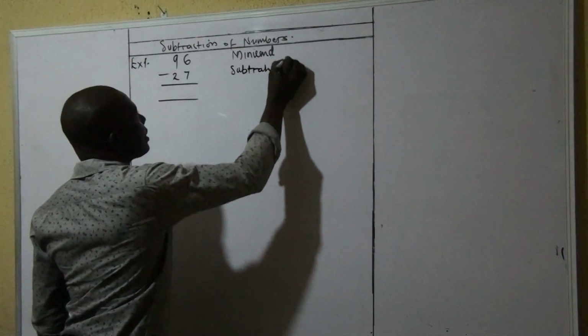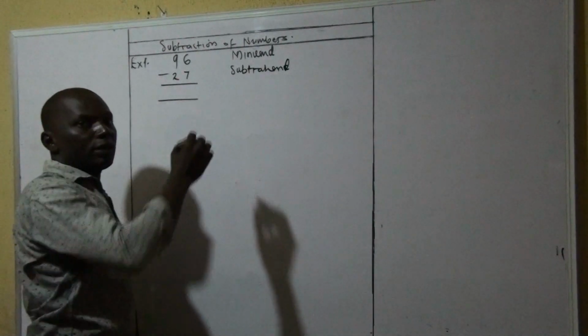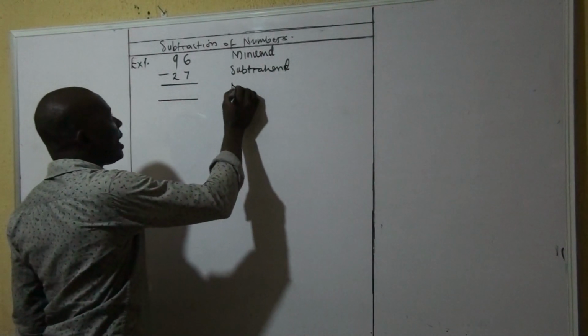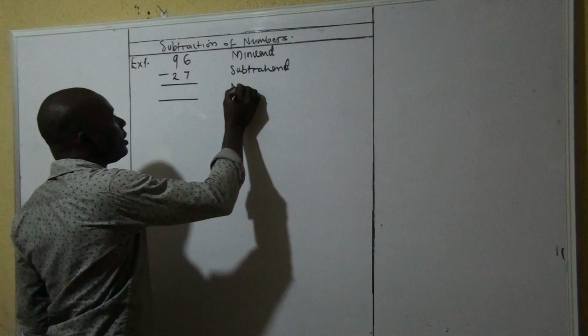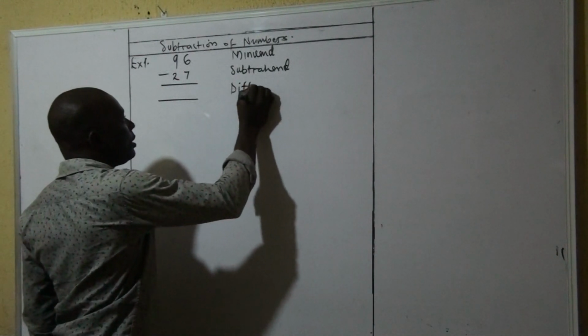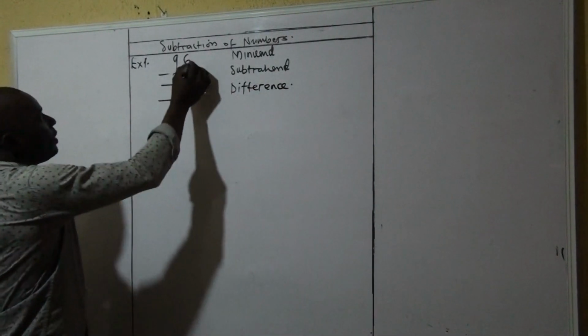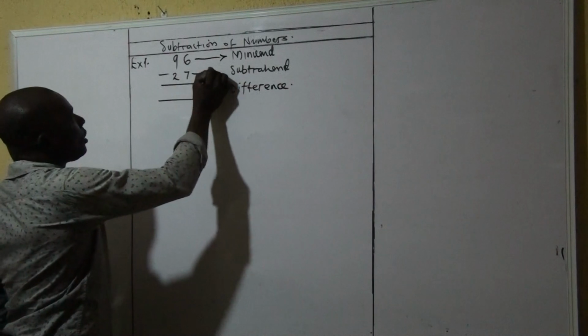You must know this, and the result so obtained is called the difference. So your minuend, take away your subtrahend, and the result is called difference. So if this is now your minuend and this is your subtrahend.